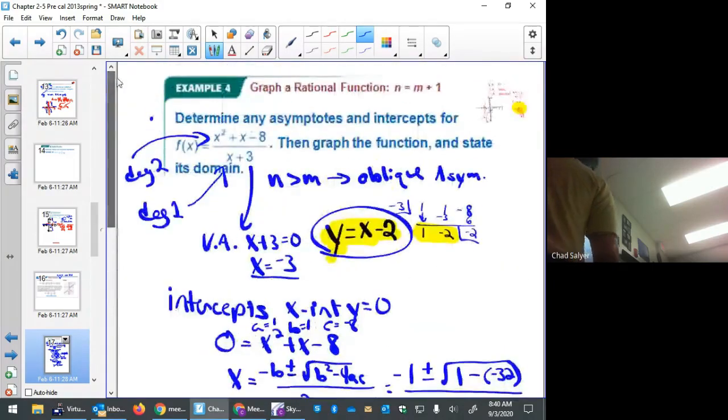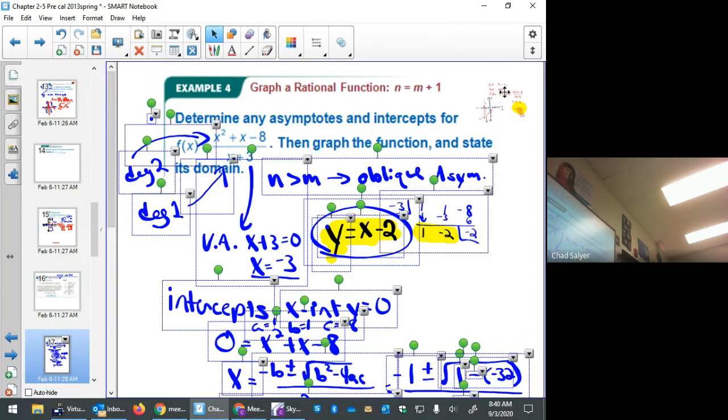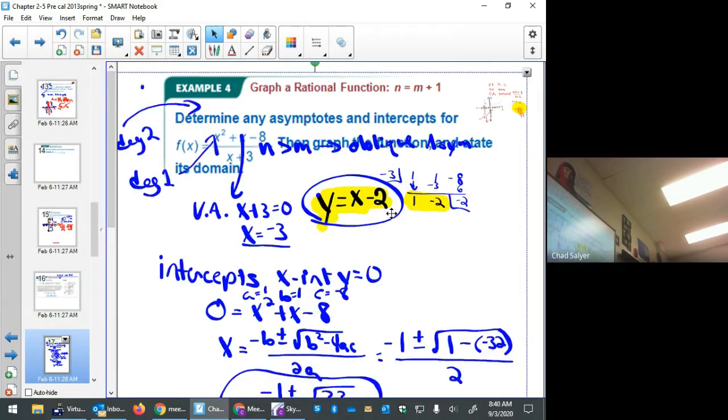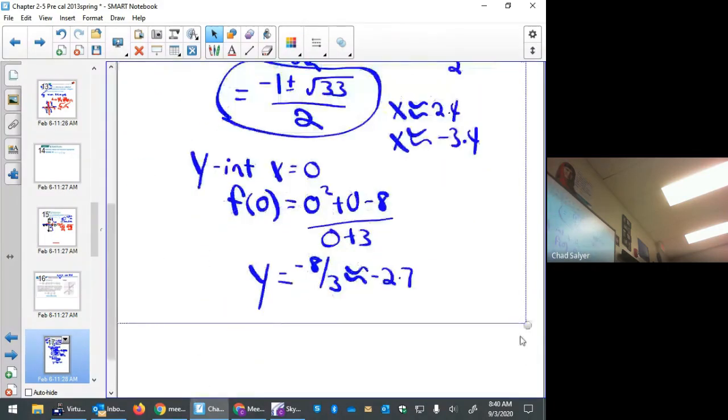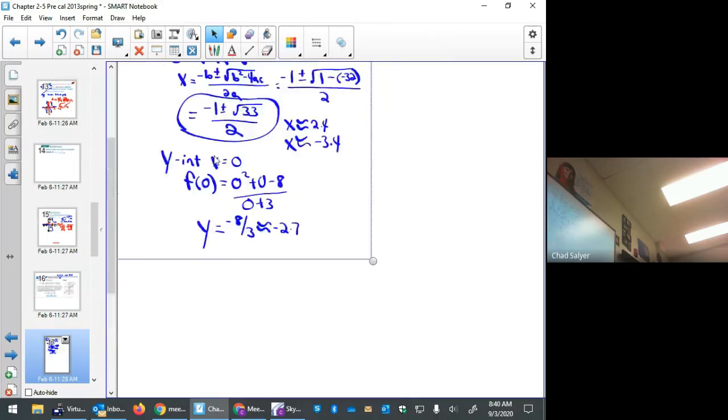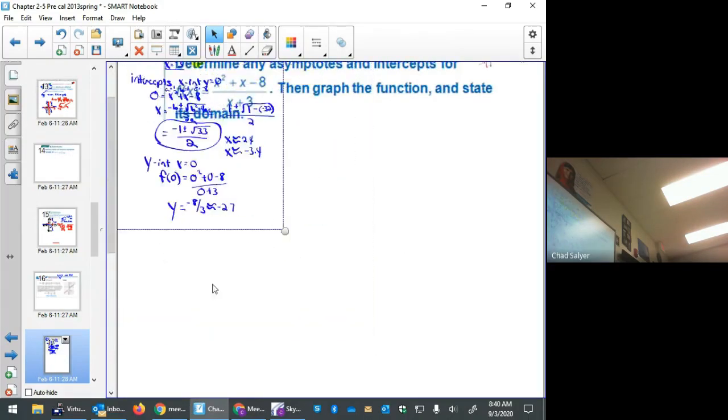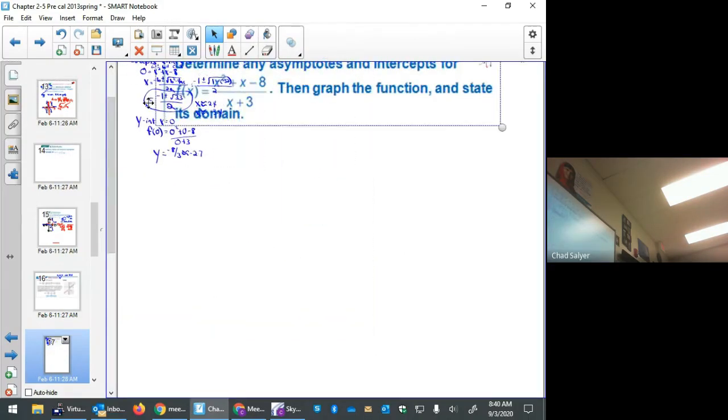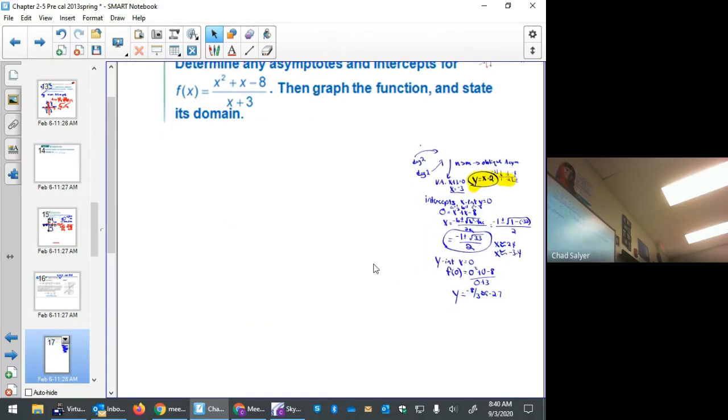All right, so now we've got all the information we need to graph this. Let me consolidate. Okay, so there's all the stuff we need. And now let's use it to sketch a graph.